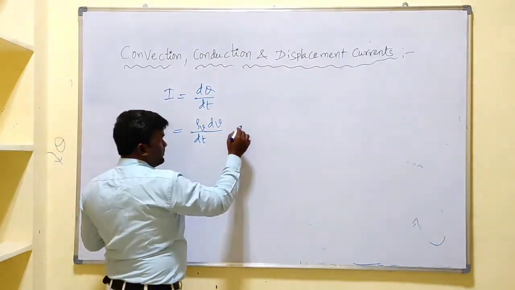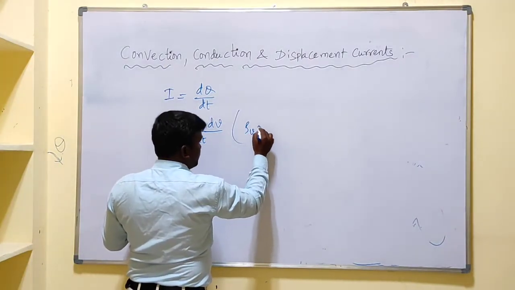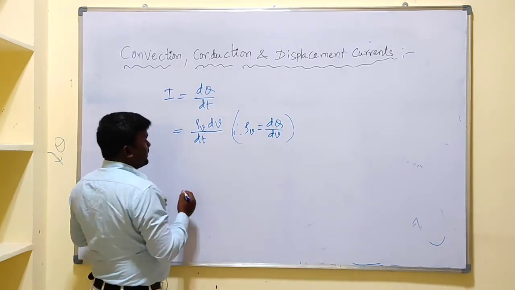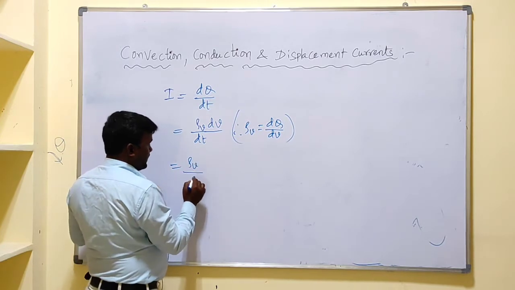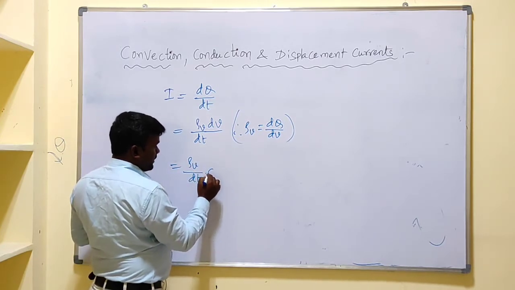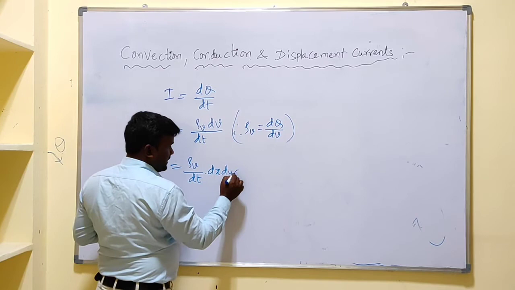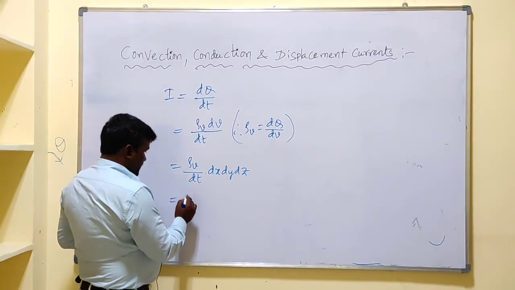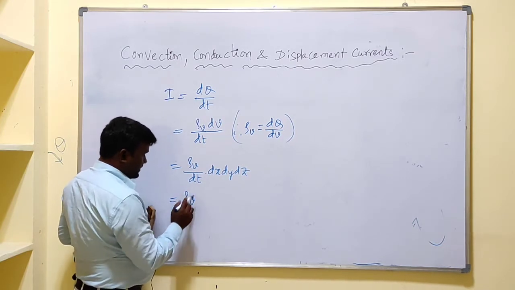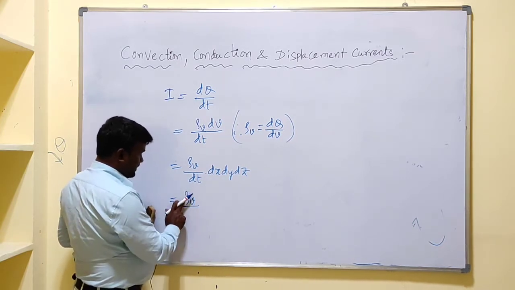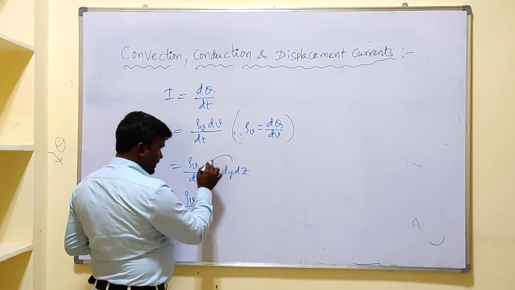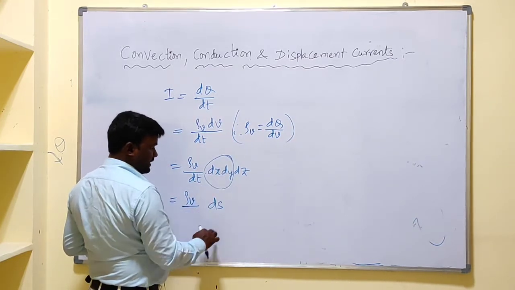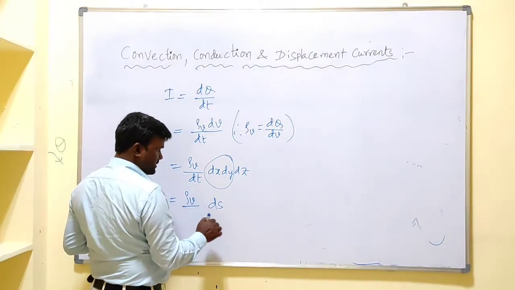Rho v equal to dq by dV, so dq equals rho v into dV, and dV can be written as dx dy dz. Let us consider current flowing along the z direction through a given area ds, taking ds as dx dy, with dz normal to this differential surface area.